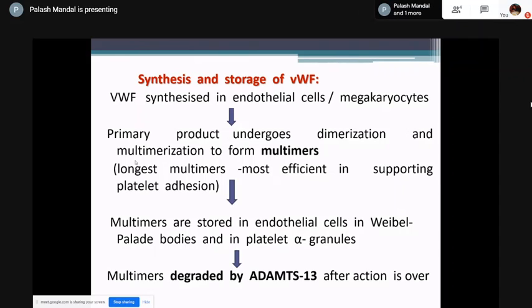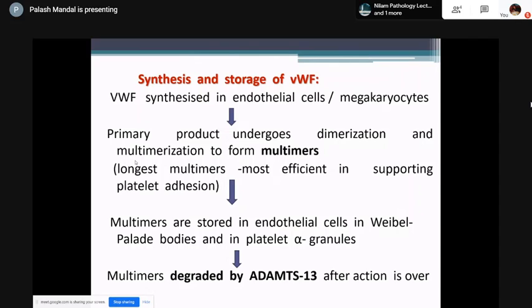Also it acts with factor 8 and helps in the coagulation pathway as well. But the most important function is to support platelet adhesion.